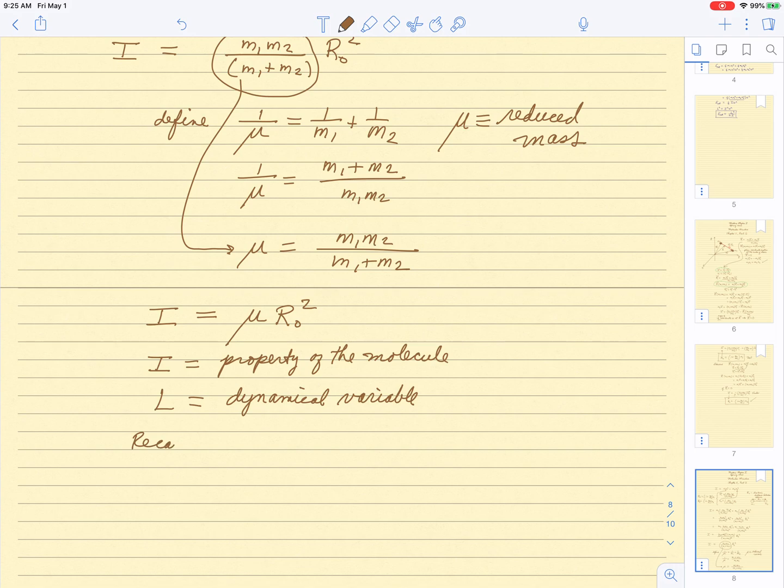So recall from our discussion of the hydrogen atom that L squared is quantized.